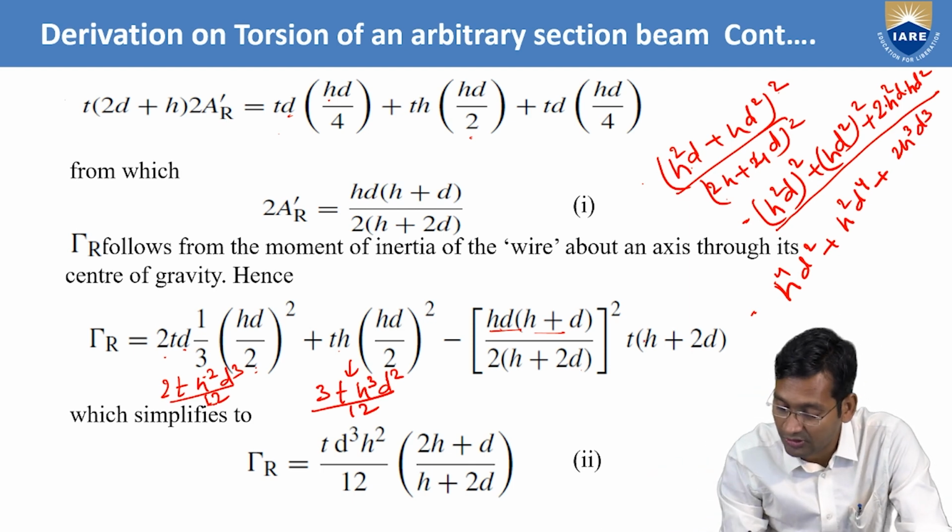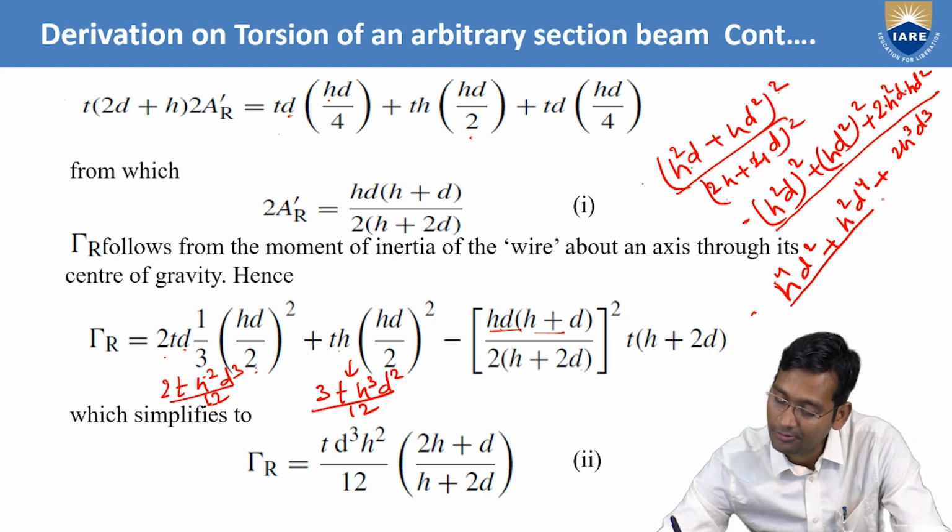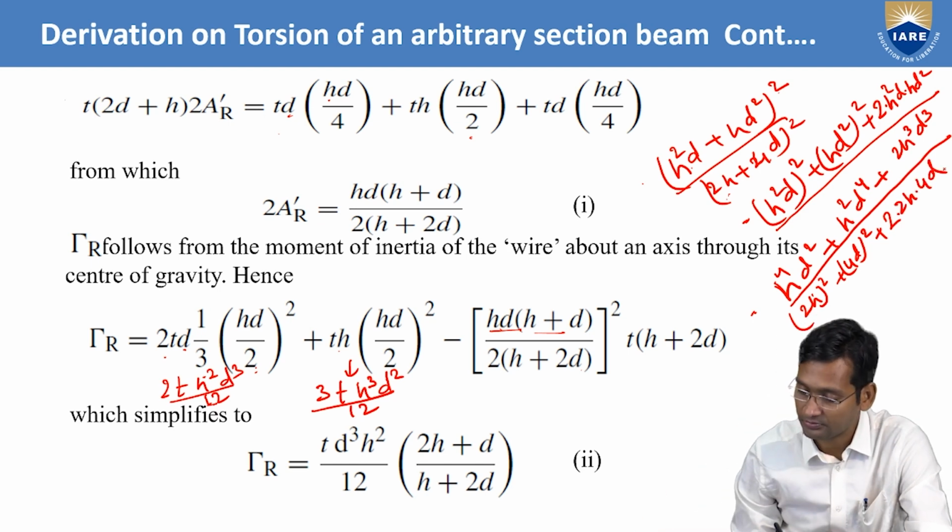Now we are simplifying the denominator part. So the denominator part is 2h plus 4d whole square. So 2h whole square plus 4d whole square plus 2 into 2h into 4d. Okay.